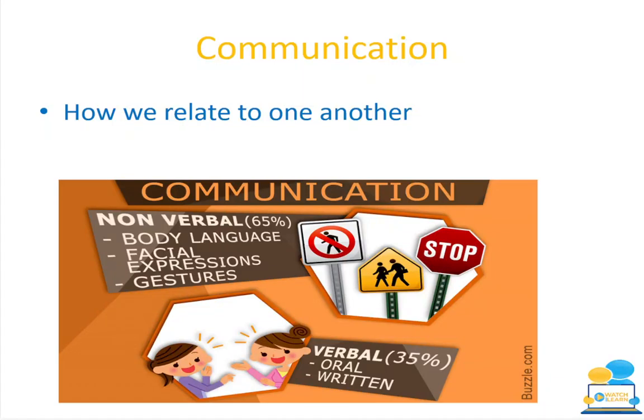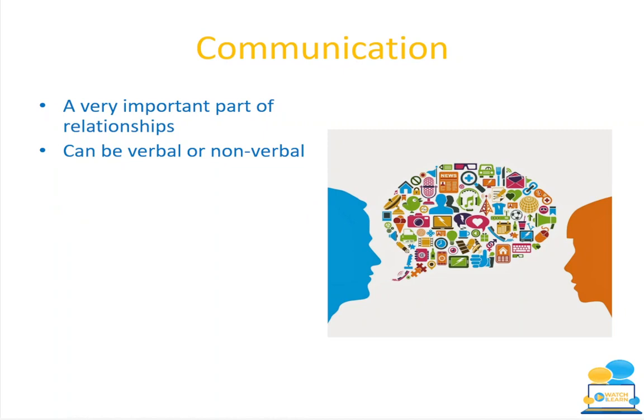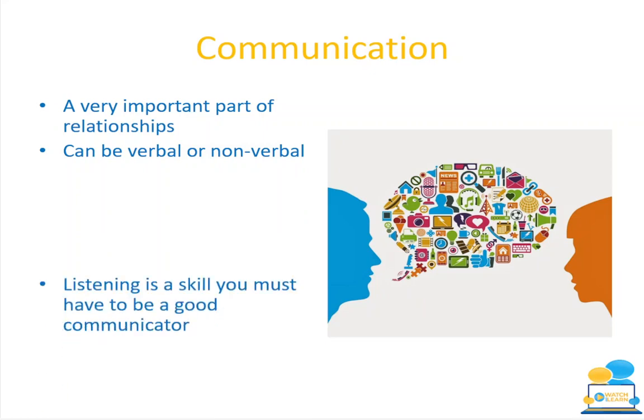So communication, you would state, explain, and give an example. So communication is a really, really important part of a relationship. So as we said, it can be verbal or non-verbal. So verbal, written, speaking; non-verbal, your facial expressions and gestures with your hands.